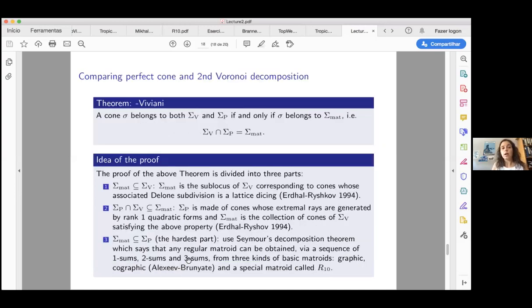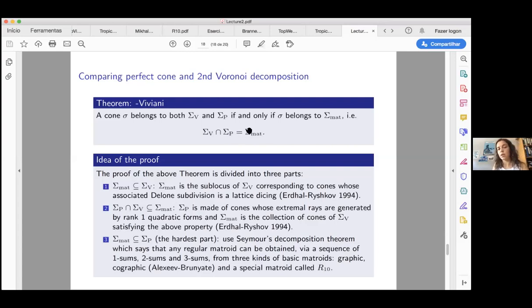And now, together with Filippo Viviani, we proved a statement that I mentioned in the beginning: a cone belongs to both the perfect cone and the second Voronoi decomposition if and only if it belongs to the matroidal locus. So the intersection of the collection of cones inside the second Voronoi decomposition and the perfect cone decomposition is this matroidal locus.